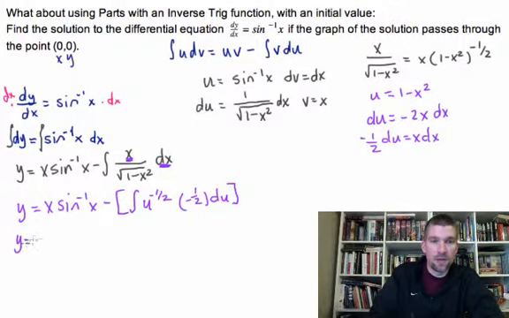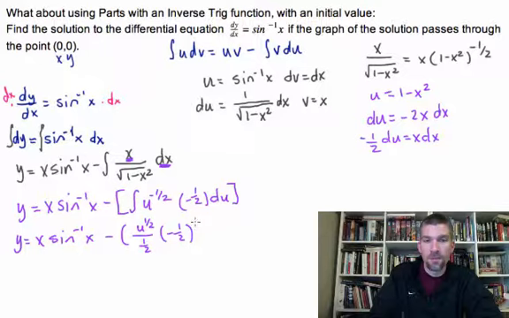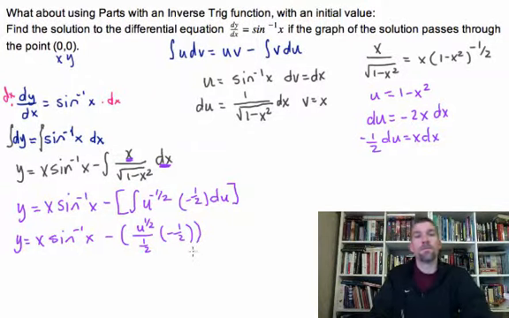So moving on down, y equals x arc sine of x minus, and then when I integrate this, u to the negative 1/2, that's going to be plus 1, u to the 1/2 power now, divided by 1/2, times negative 1/2. All right, and the 1/2s cancel out.